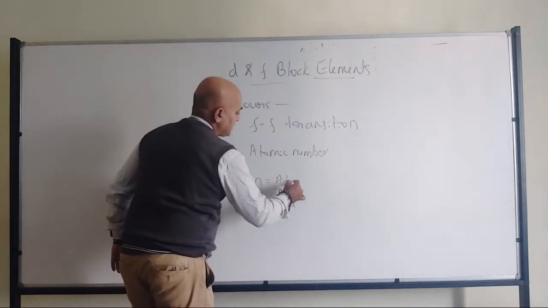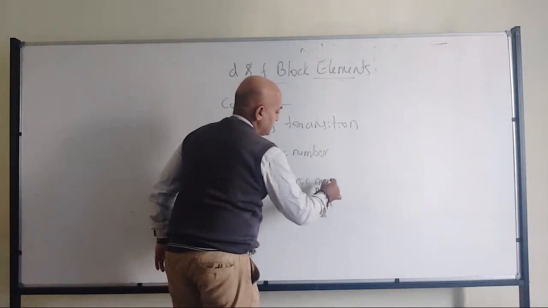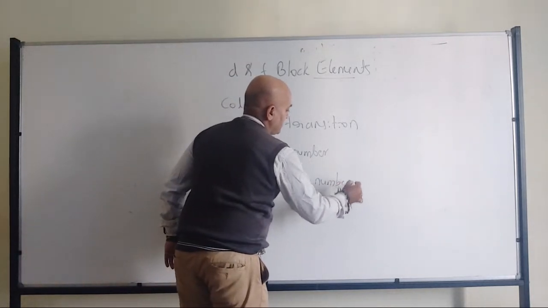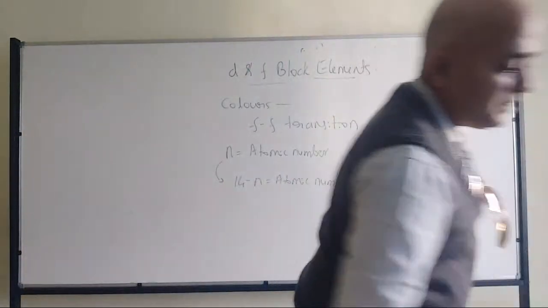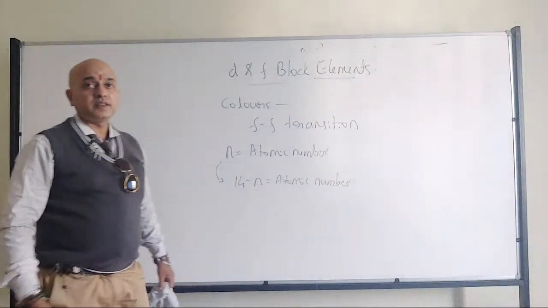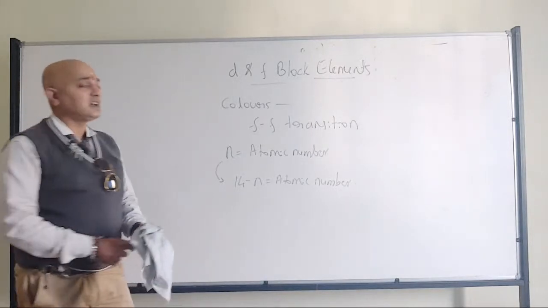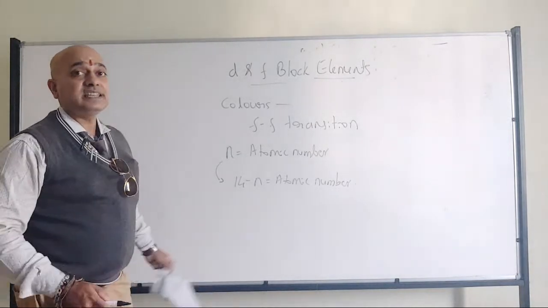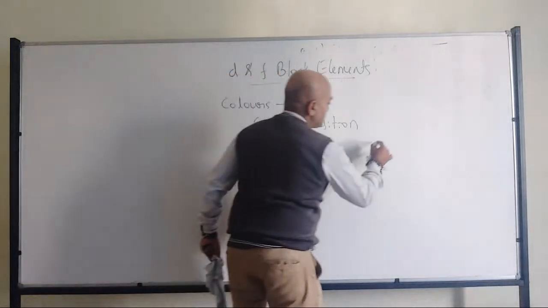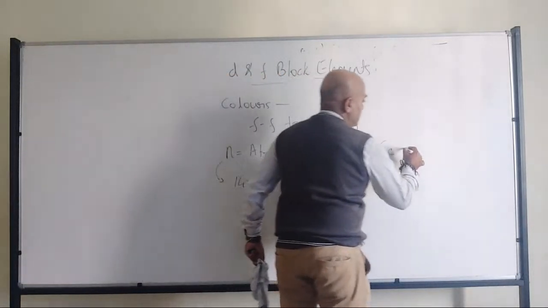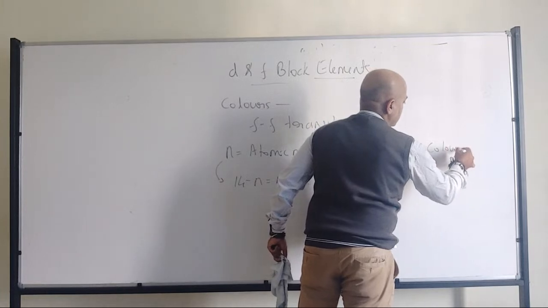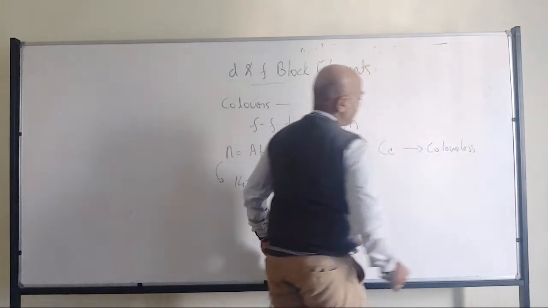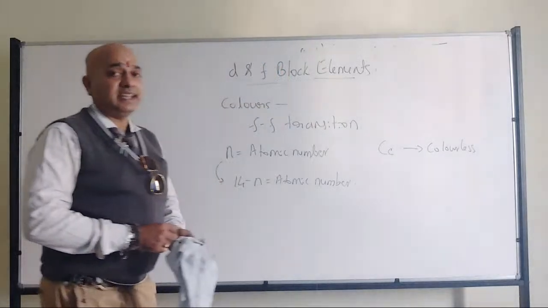Here n is a number, not an energy level. All of you have understood? Any doubts? Say for example, if I take cerium, it is colorless in nature.